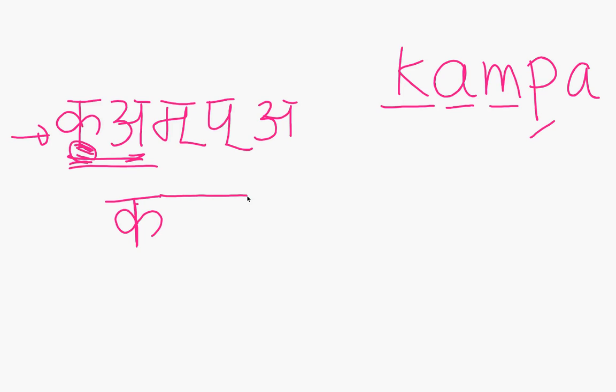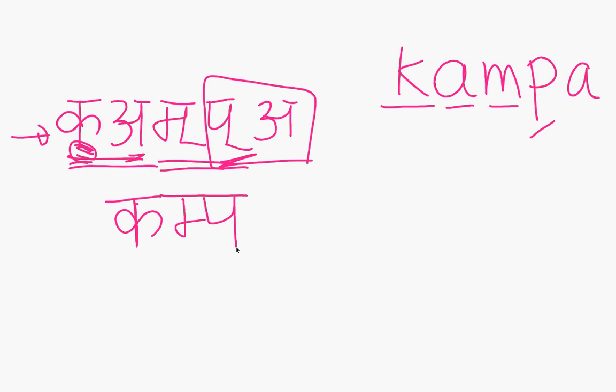Then for the conjunct letter of these two, we have a symbol like Ma, which we saw before. The vertical line is left out, and only the first portion of Ma is written to indicate it is a consonant without adding any vowel. And then comes Pa, and together we have a symbol in compound letter, Kampa.